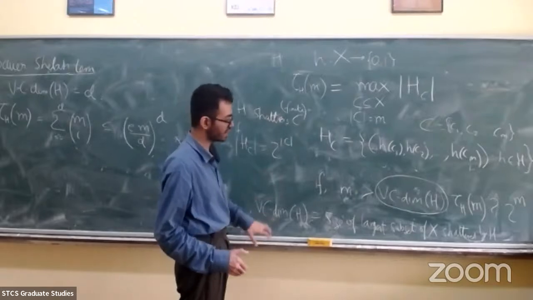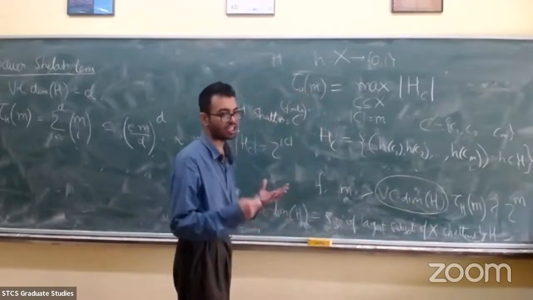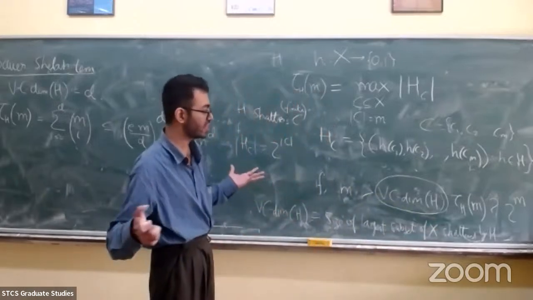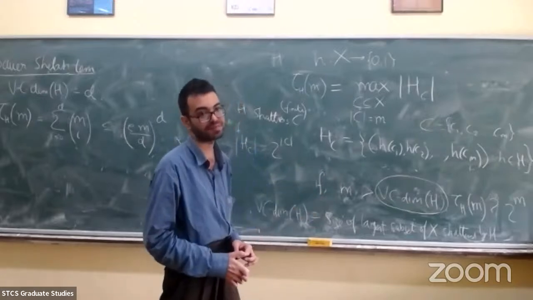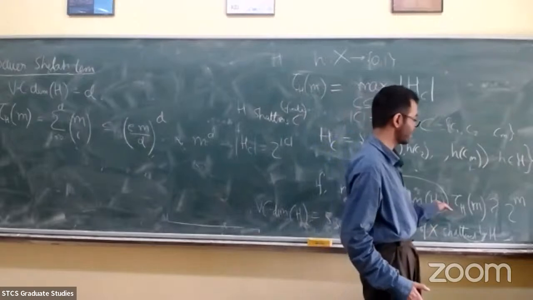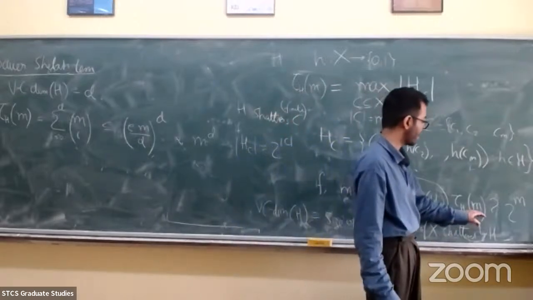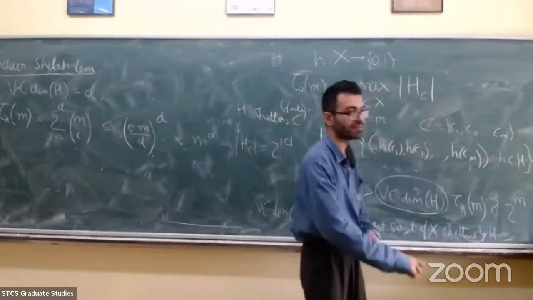VC dimension is just the size of the biggest subset which is shattered. And it kind of tells you how complex H is. The more complex it is, the bigger subset you will be able to shatter. So now someone should be able to answer this. If M is bigger than the VC dimension, then what is the relationship between tau_H of M and 2 to the M?